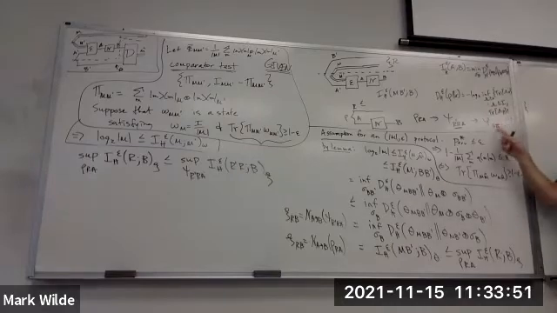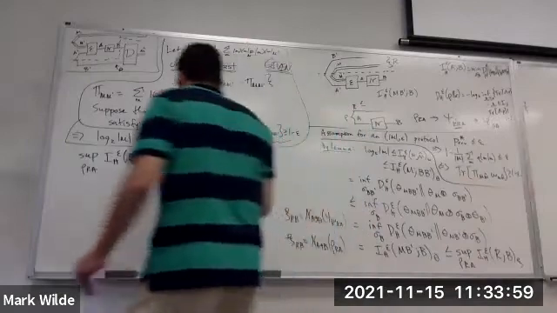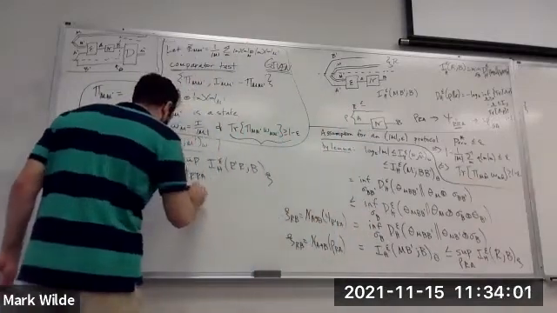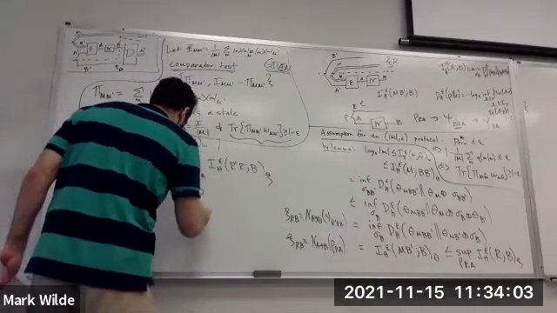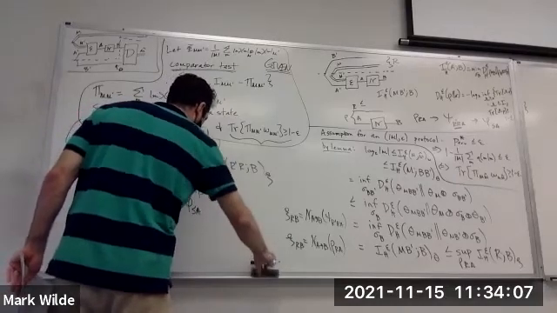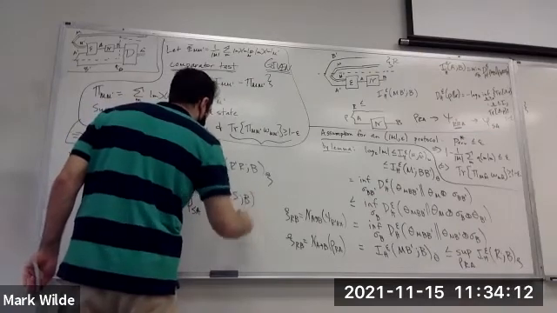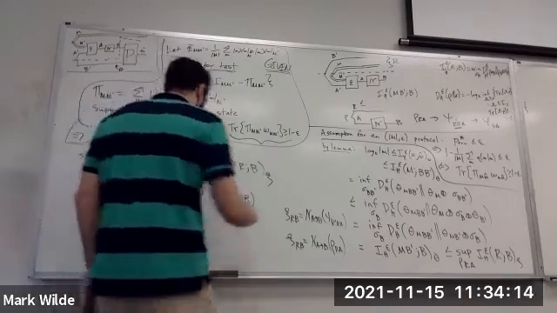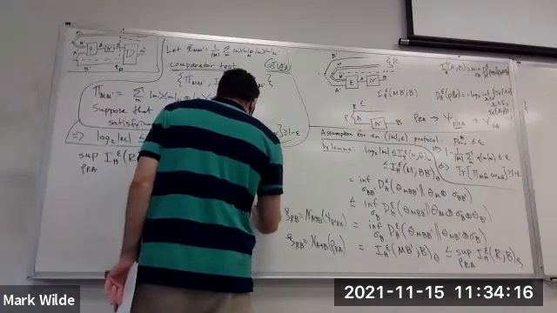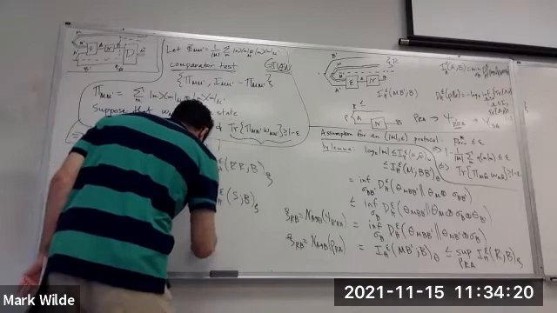And then all purifications are related by isometries acting on the purifying system. That isometry is a local channel. So then, you get this. And then I'll call this state psi.